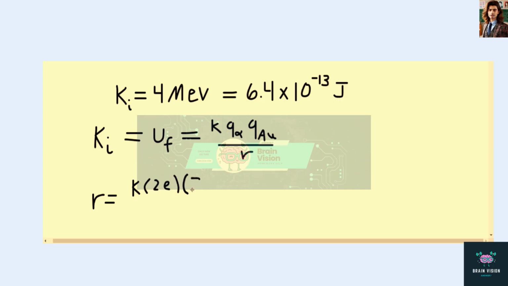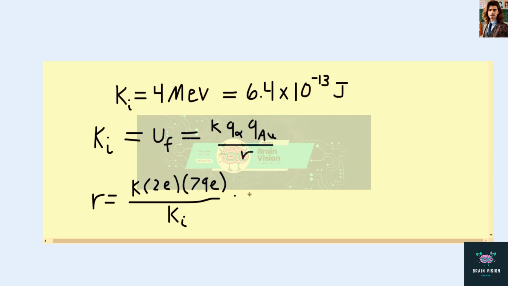The alpha particle has two protons, so this is 2 times e, where e is the charge of an electron or the charge of a proton here, multiplied by 79, because there's 79 protons in gold, 79 times e, all divided by K sub i.